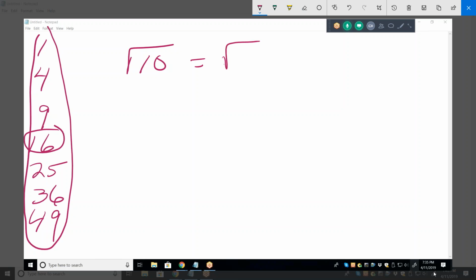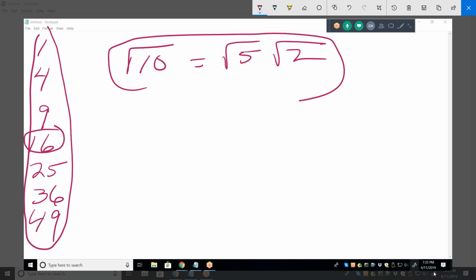Remember, you have to factor 10. So it'd be... Correct? Yeah, none of them worked though. Exactly. This is a true statement, but it is not a simplification of root 10.